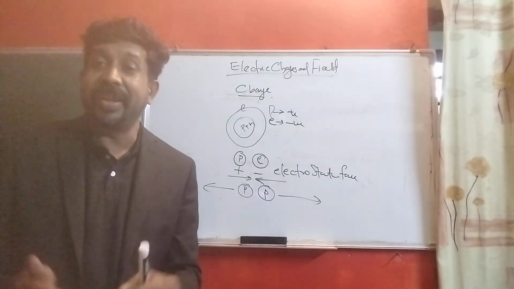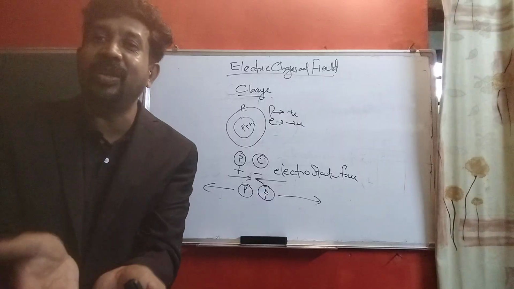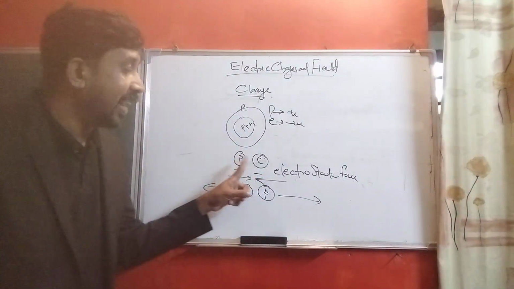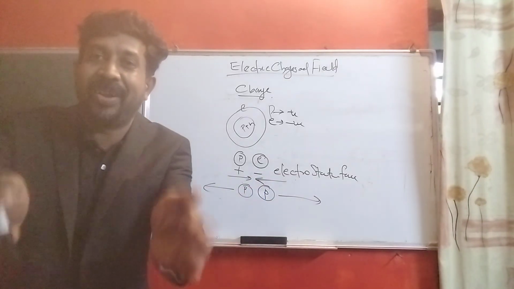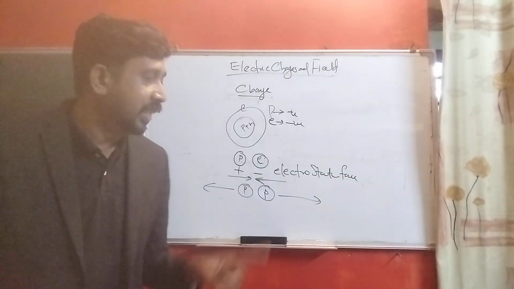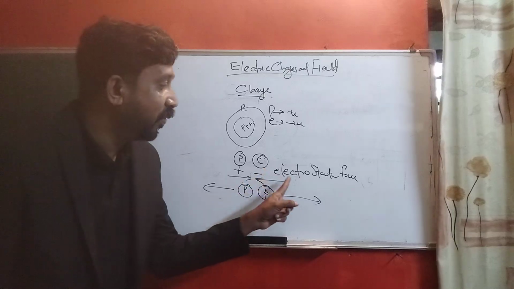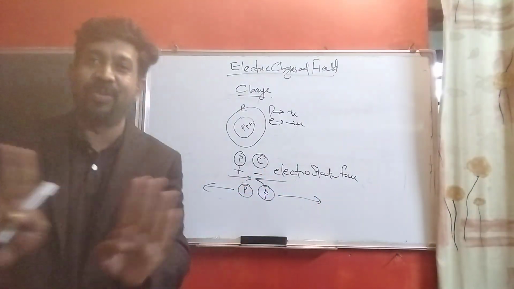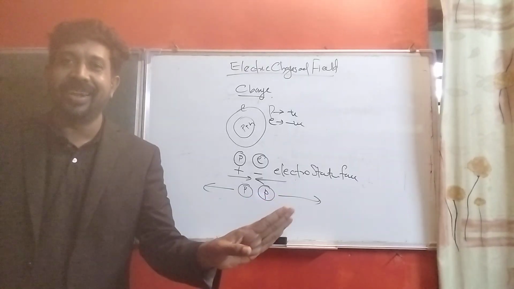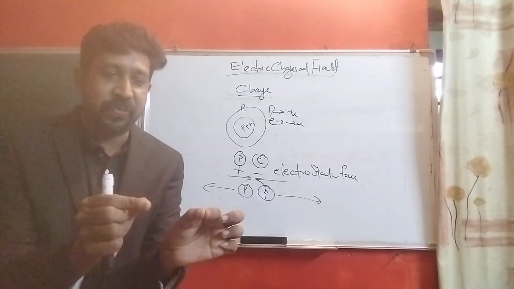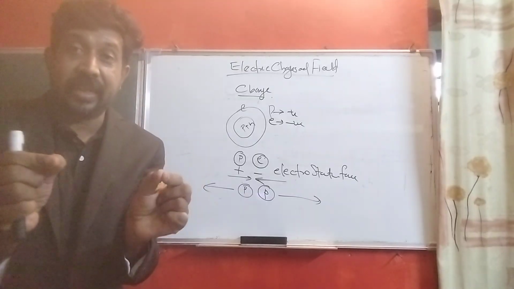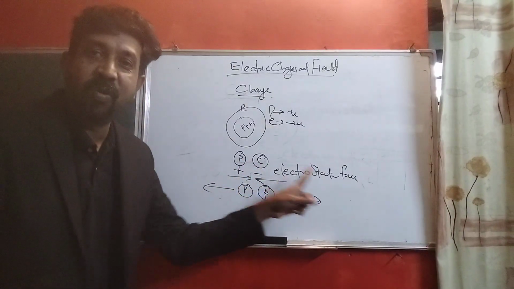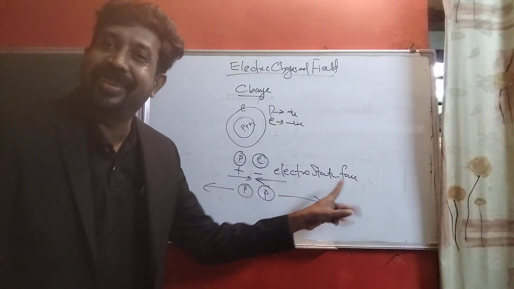Then what produces electrostatic force? Electric charges. So one more property of electric charge is that it produces, or gives, electrostatic force. That is, two charges produce a force that is called electrostatic force.